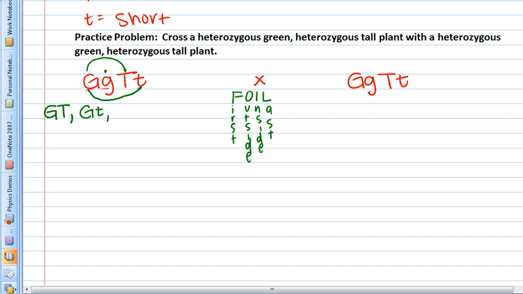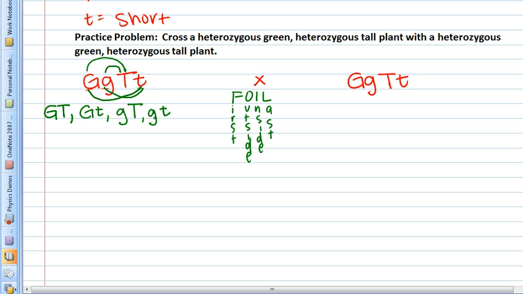The insides, little g, big T. And the lasts, little g, little t. In doing this, we have found the 4 different types of possible combinations that this parent could pass down.